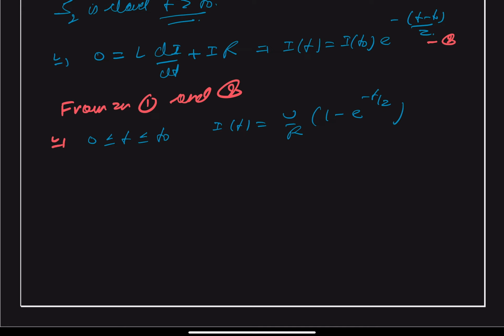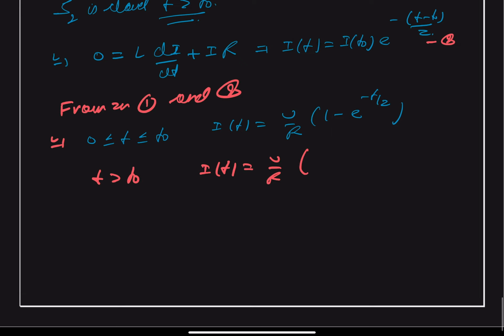And for t greater than t naught, the equation is I of t equal to V upon R times 1 minus e raised to minus t naught upon tau, times e raised to power minus (t minus t naught) upon tau.